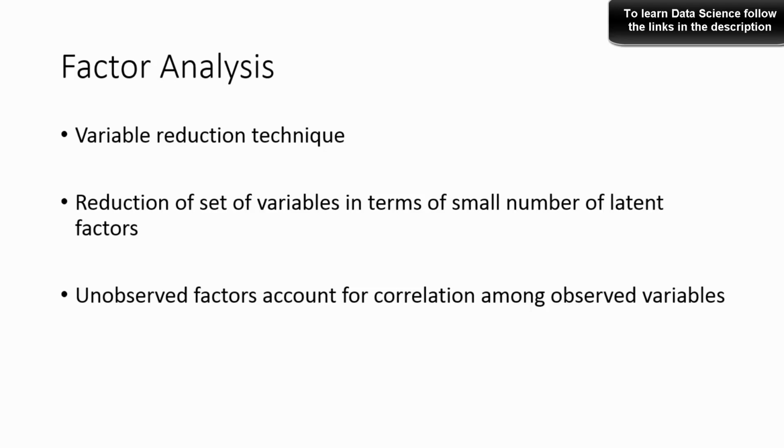For example, you want to know somebody's ability in doing quantitative analysis. So how do you know whether somebody is able to do that or not? Look at the marks he has scored in mathematics, and you will know whether his quantitative aptitude is good enough or not.